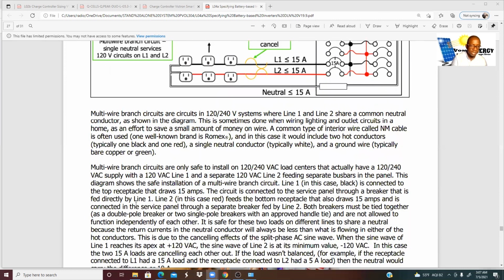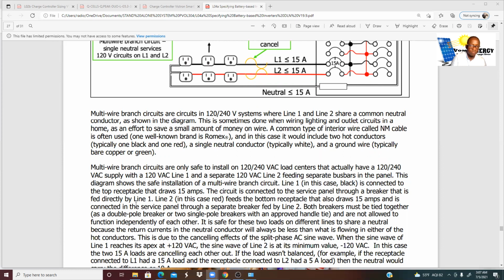A multi-wire branch circuit, at a socket in a 120/240 volt system, is where line 1 and line 2 share a common neutral conductor, as shown in the diagram. This is sometimes done when wiring lighting and outlet sockets in a home, as an effort to save a small amount of money on wires.